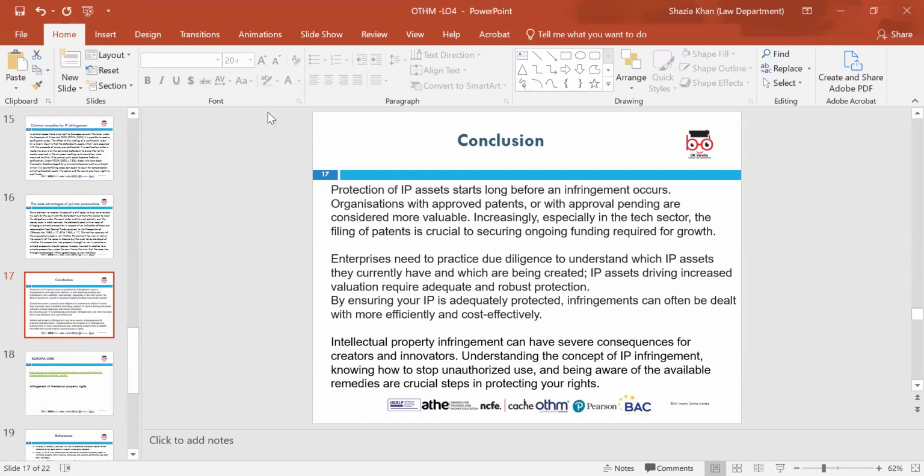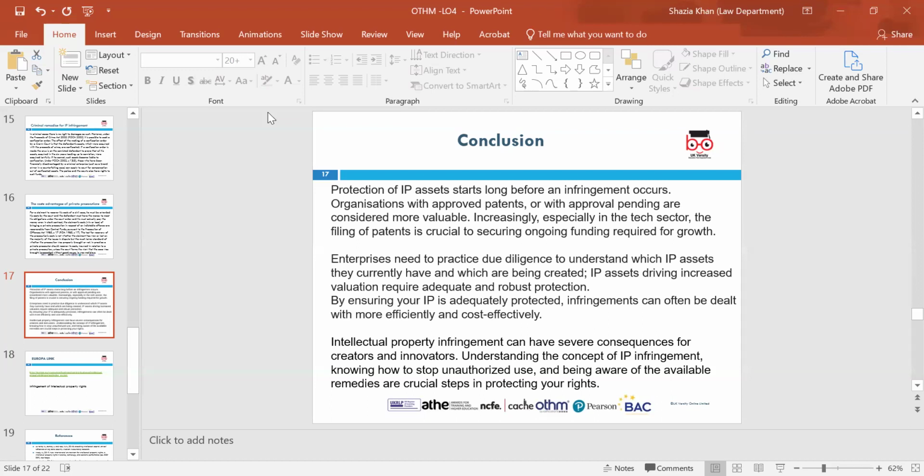So, in conclusion to intellectual property, looking at the remedies and the sanctions and the international context, protection of intellectual property assets starts long before an infringement occurs. Organizations with approved patents, or with an approval pending, are considered more valuable.